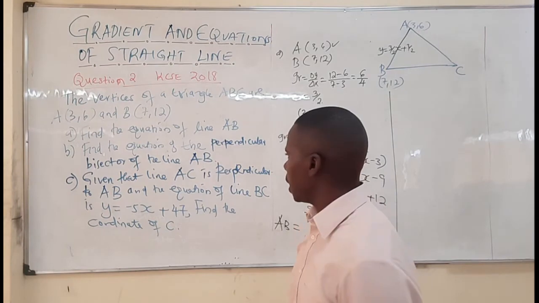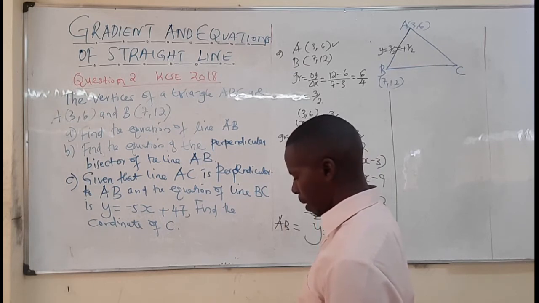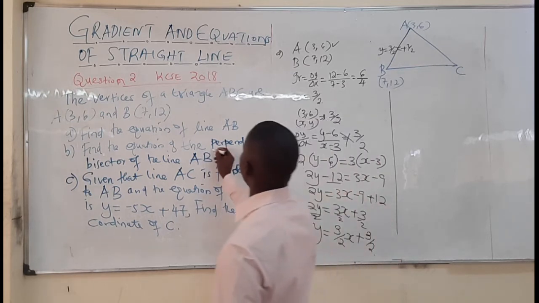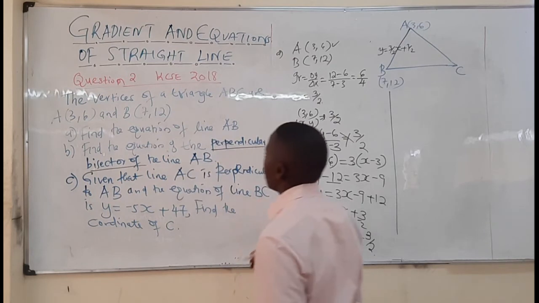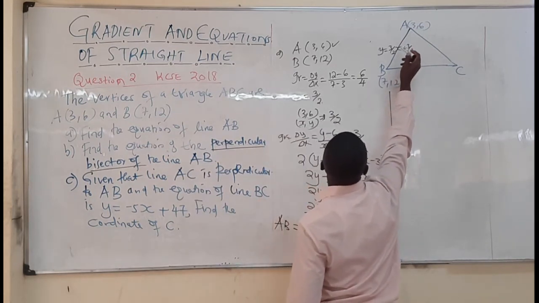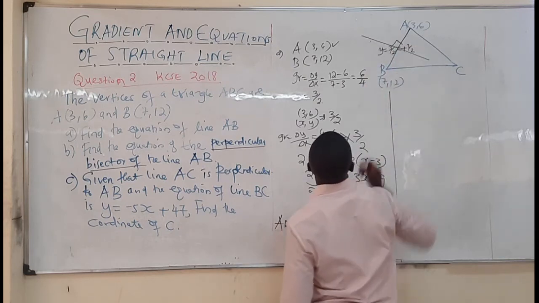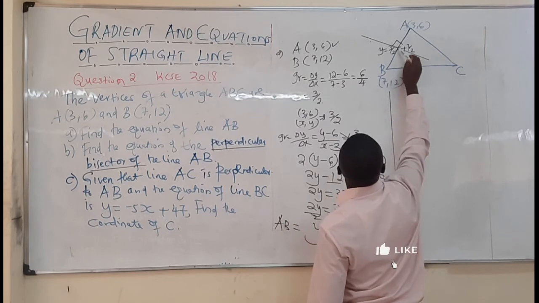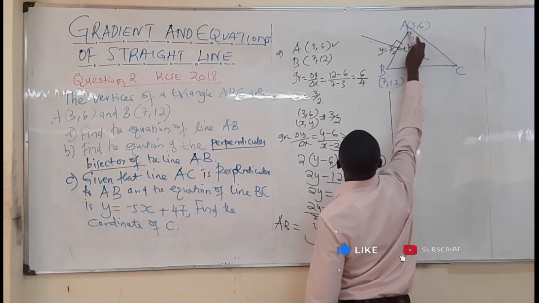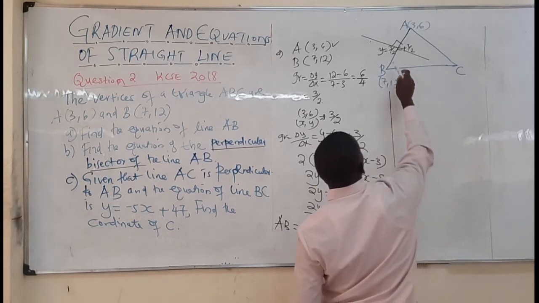So part B, we are told to find the equation of the perpendicular bisector of line AB. So perpendicular bisector is the line that's going to be passing through AB in between A and B. So the distance from A to that point, and from B to that point should be the same. It is dividing the line AB into 2.